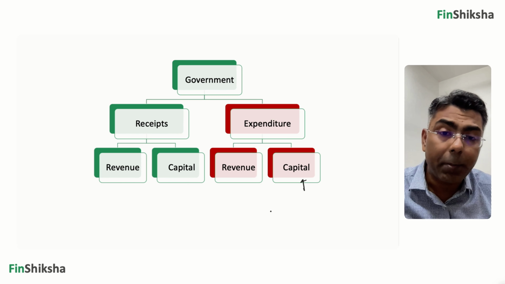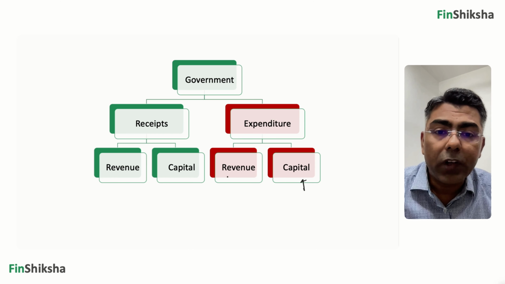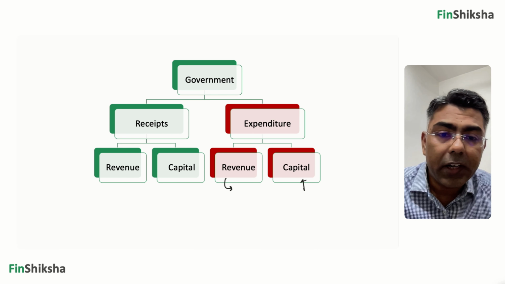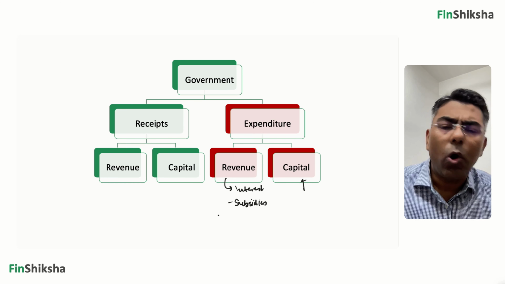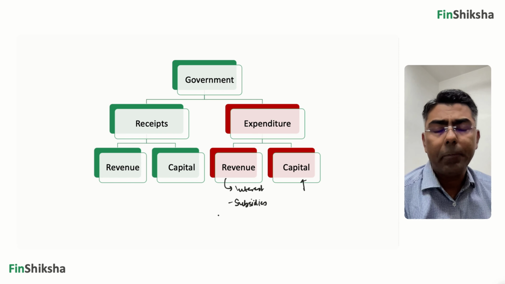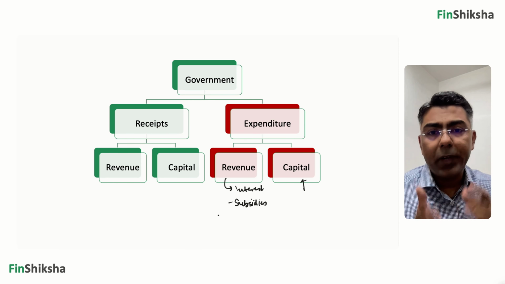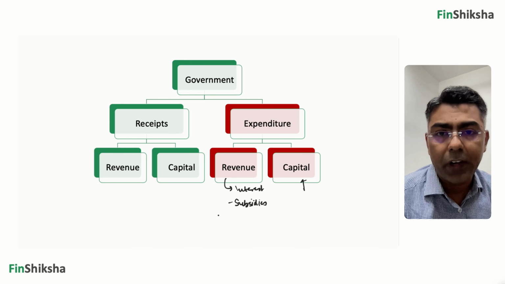Everything else goes under revenue expenditure. So your interest payment on the loans or your subsidies or the pensions you are going to give, all kinds of schemes, everything else will fall under the revenue expenditure bracket. Needless to say, revenue expenditure is the larger component of the overall expenditure that the government of India does.